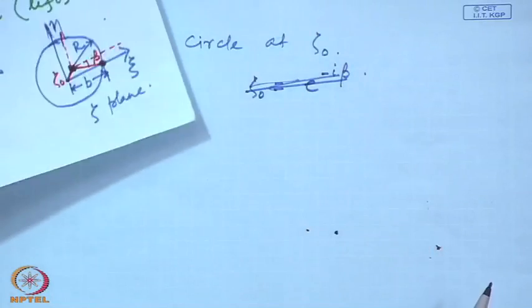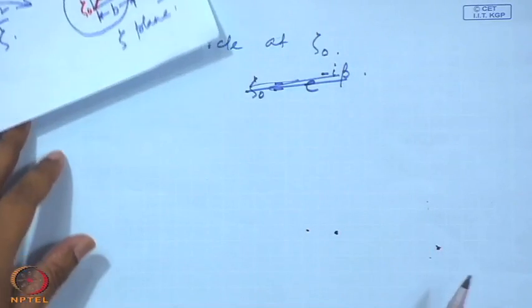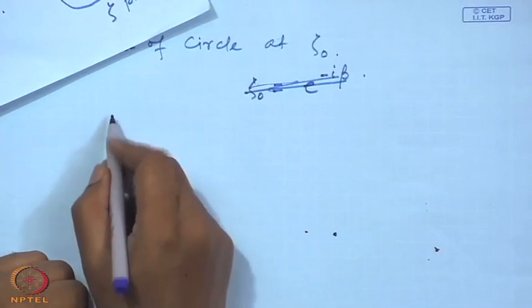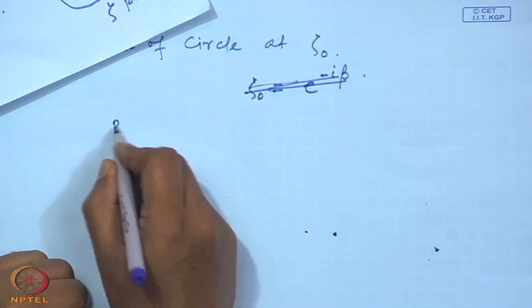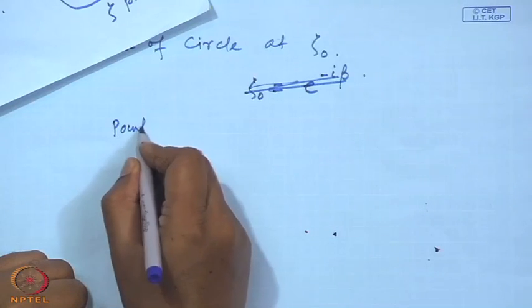The center of the circle is at zeta naught, then how are any points on the circle obtained? What is the equation of the circle?